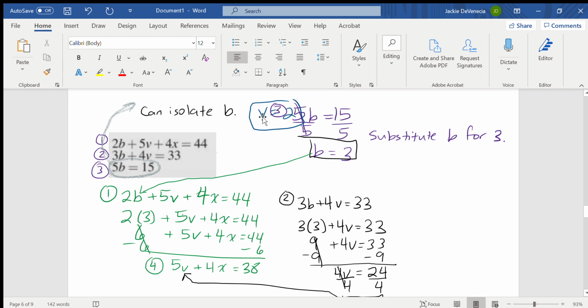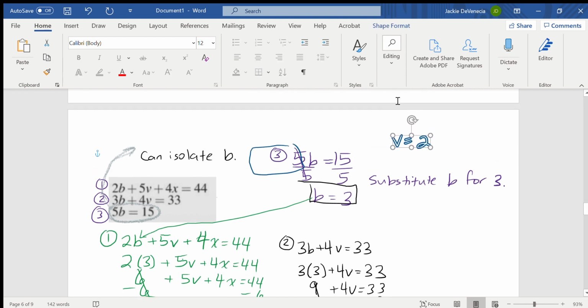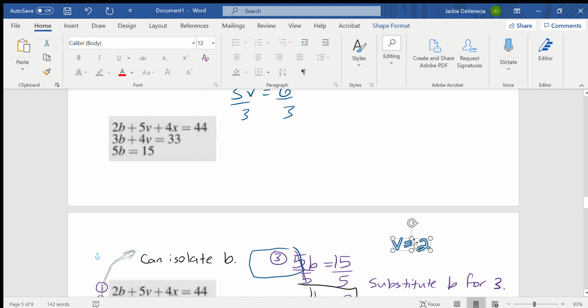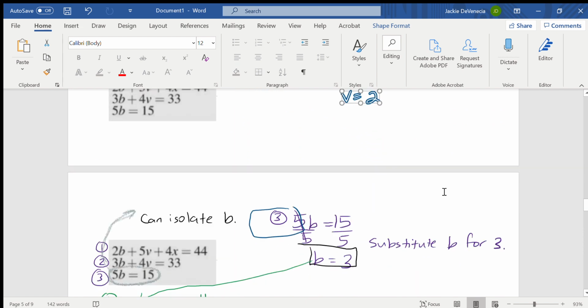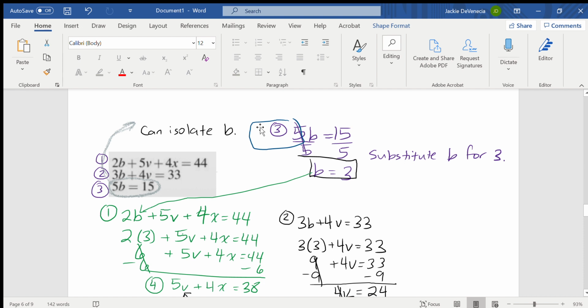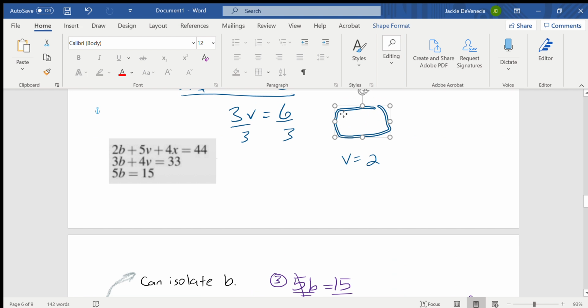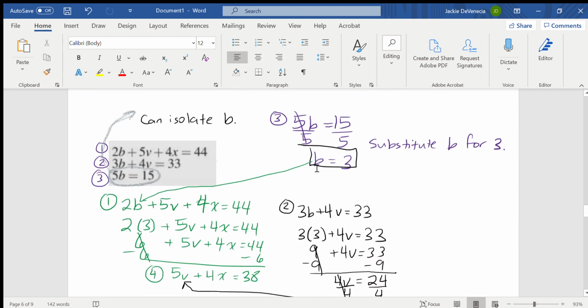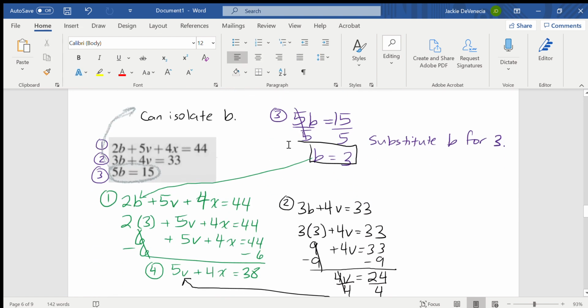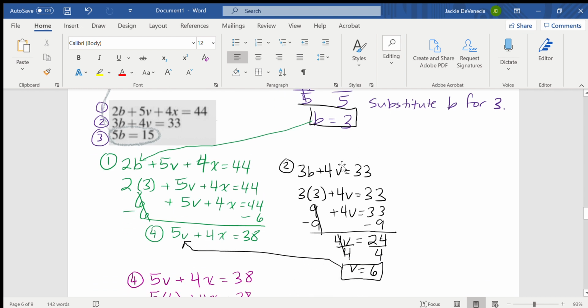All right, so with this one, we start off finding what b is by itself, which is 3. And then wherever we see b, we put in 3.